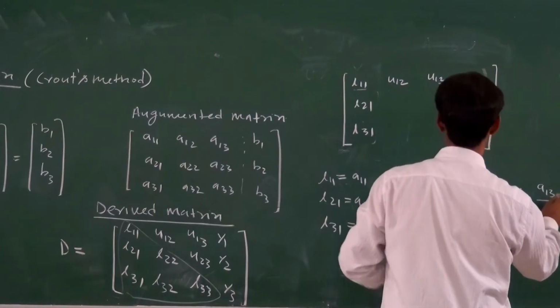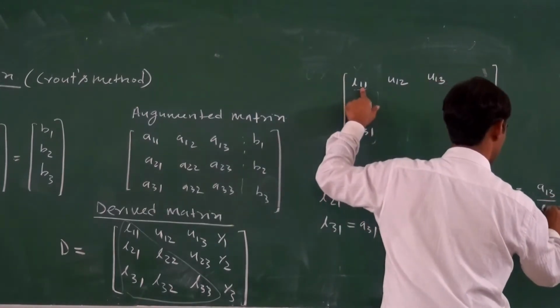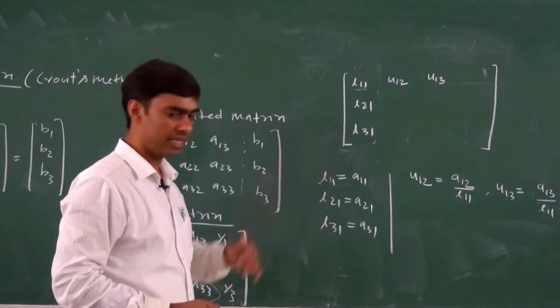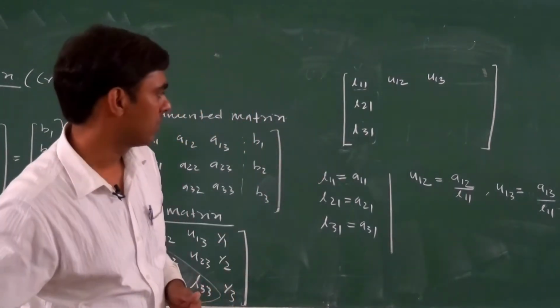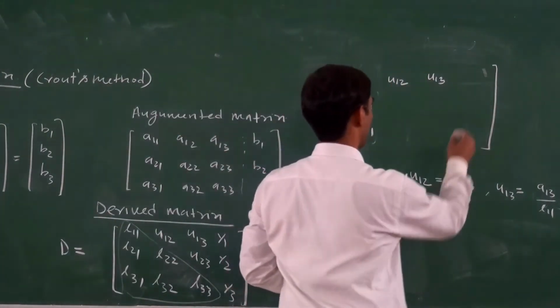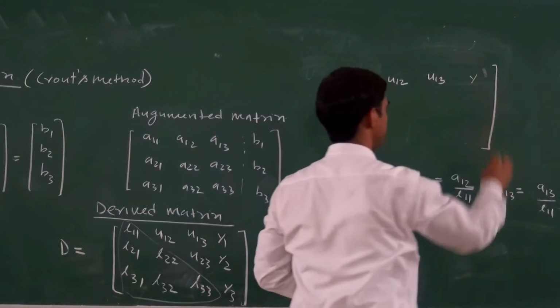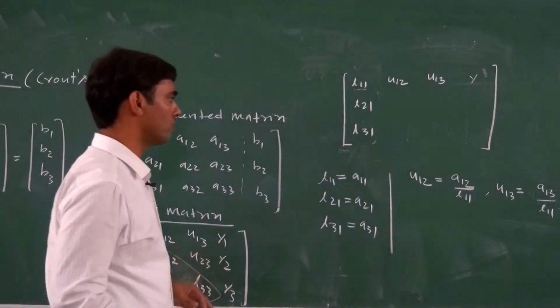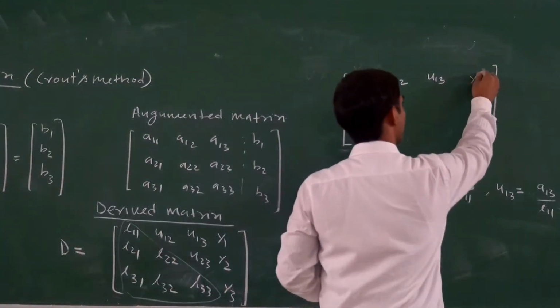A13 divided by this element, L11, which we have already calculated. And similarly, what is the value of Y1 here? Means the next element Y1 of our derived matrix. How do we find the value of Y1?